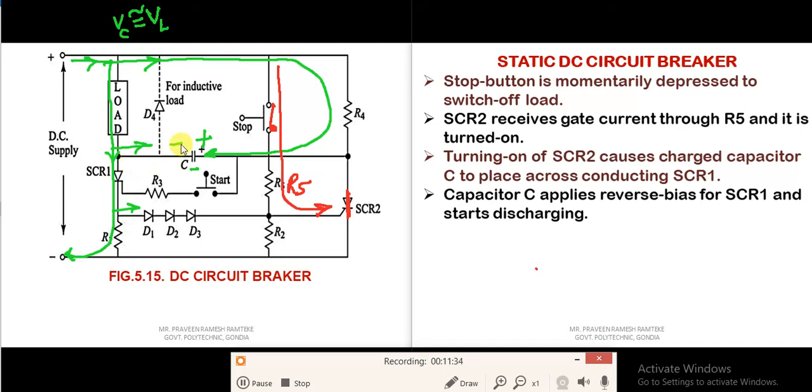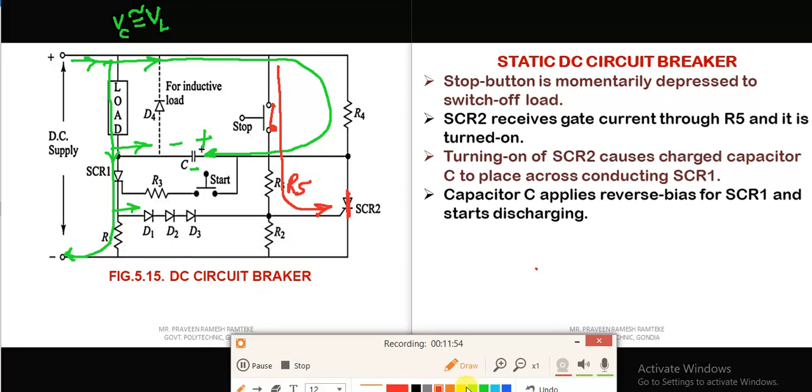If negative is applied at the anode, then SCR1 gets reverse biased, and it will turn off. So again, because of this capacitor, the SCR is off.